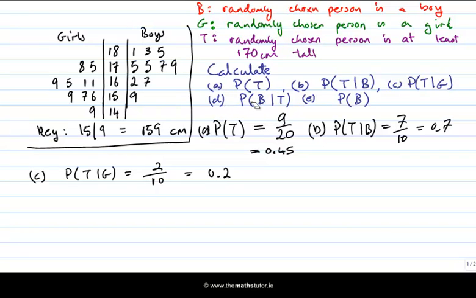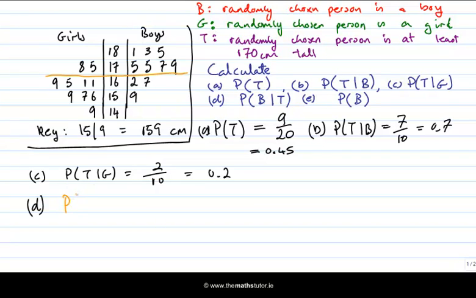What about D? So here we're turning it around a bit. We're asking for the probability of B given T. That's the probability that the randomly chosen person is a boy, given that they're more than 170 tall. So now we're restricting ourselves to just the part above this line that I've just drawn here, and we want to know in that subset of the sample space how many are boys.